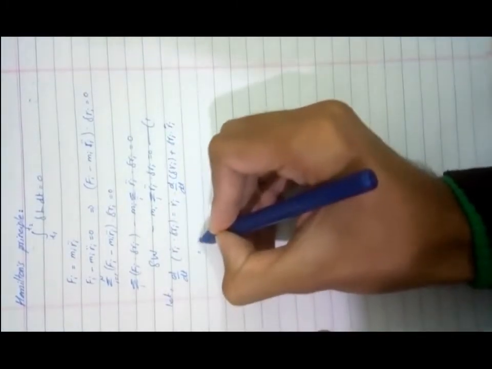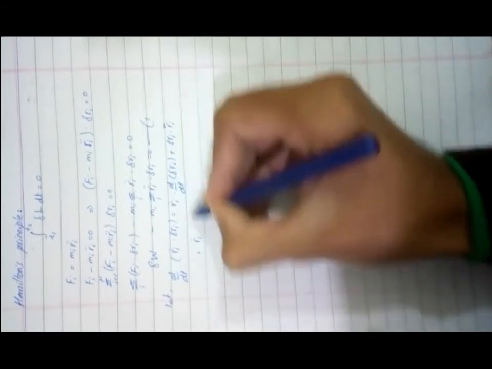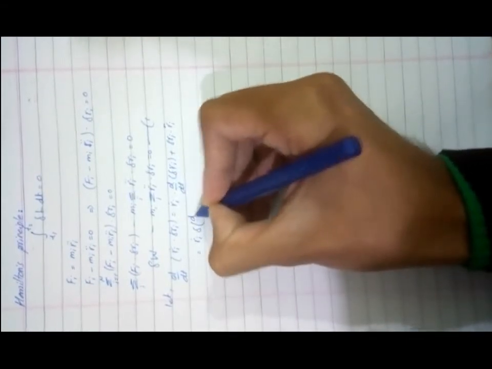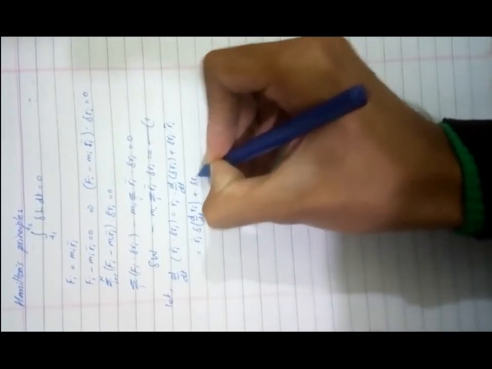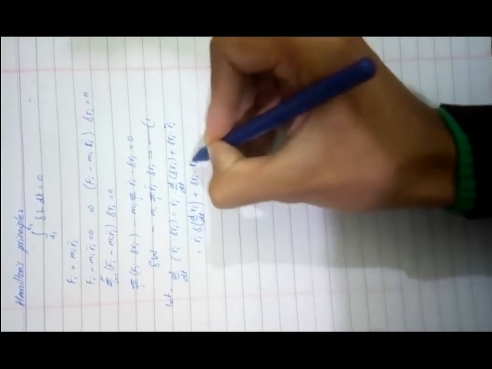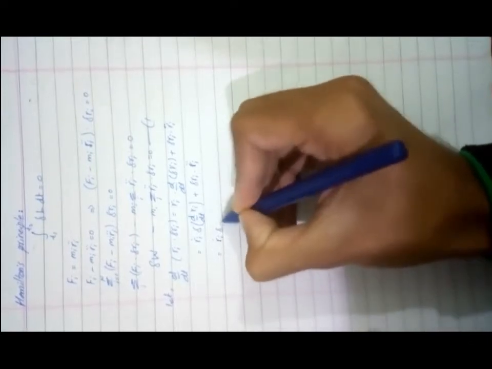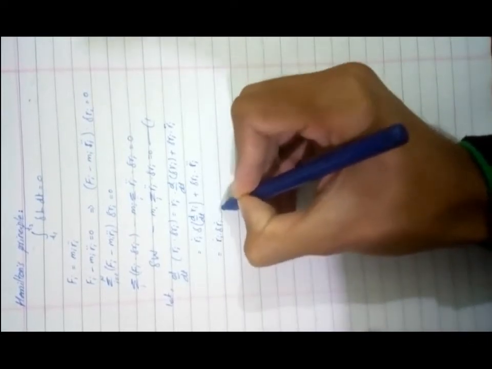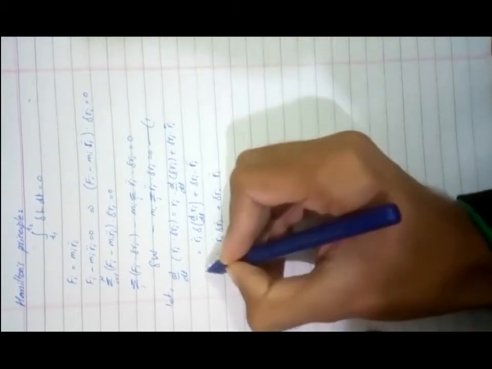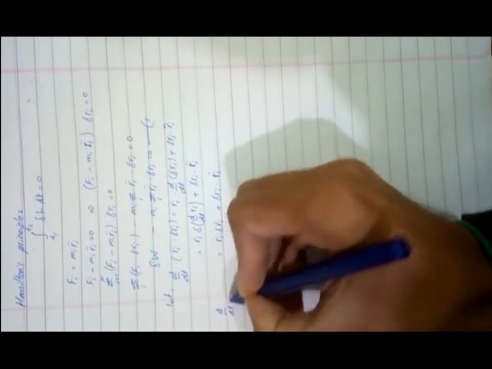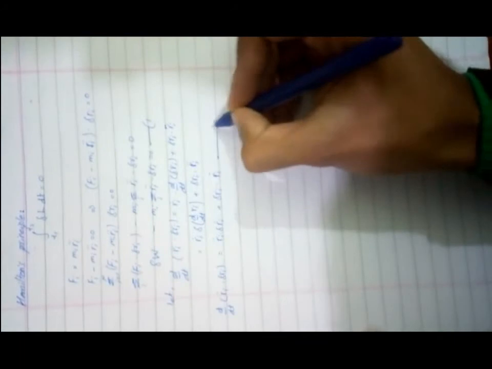It can be written as ri dot, changing the operators, del into d over dt ri, plus del ri into ri double dot. It can be written as ri dot del ri dot plus del ri dot ri double dot, equation 3.